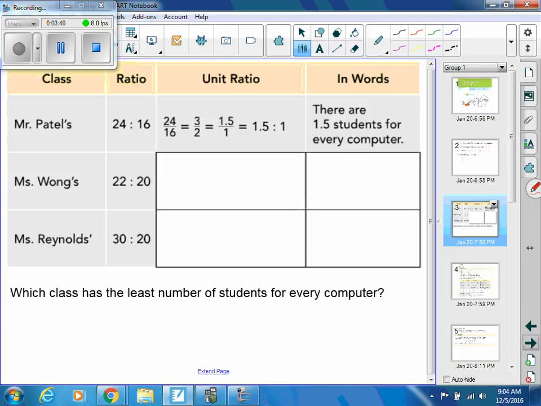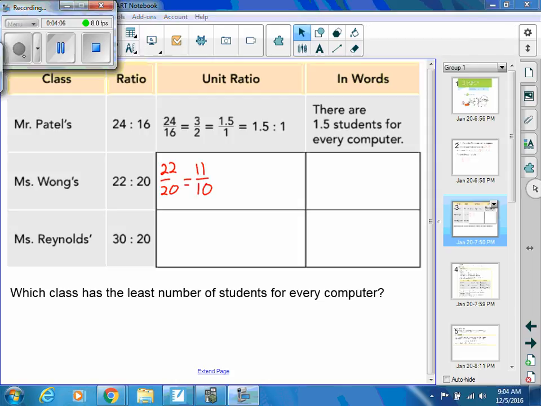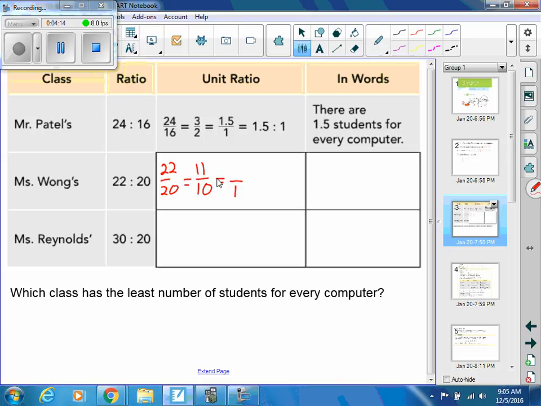So we're going to write that as a fraction, which would be 22 over 20. Okay, and I'm going to simplify that. Well, 22 over 20 simplifies to 11 over 10. Okay, and if I take 11 divided by 10, that's going to give me my unit ratio over 1.